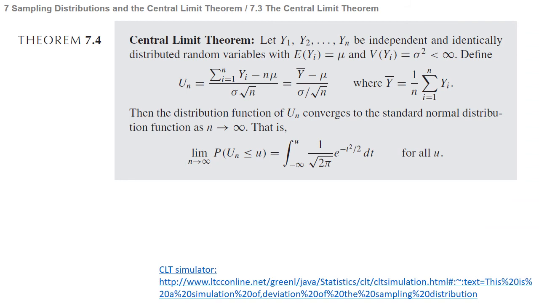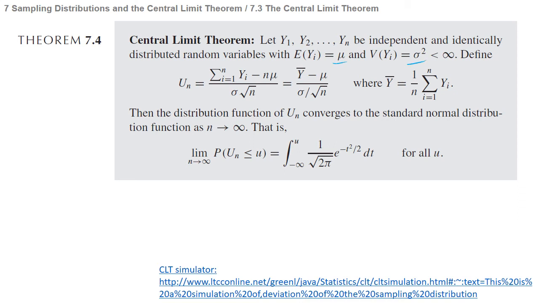Okay, finally we have the central limit theorem, which is theorem 7.4. Let y1, y2, ..., yn be independent and identically distributed random variables with mean mu and variance sigma squared.